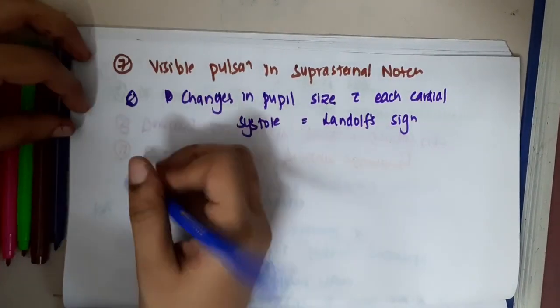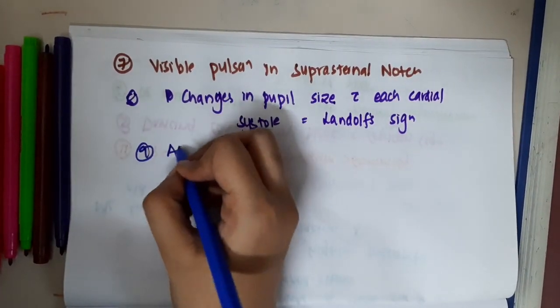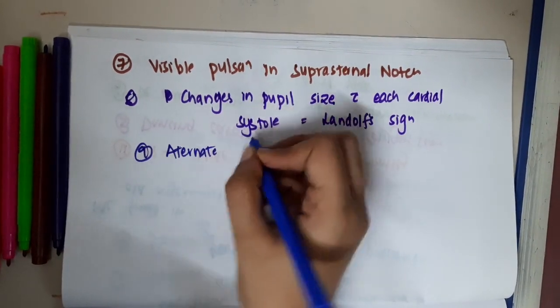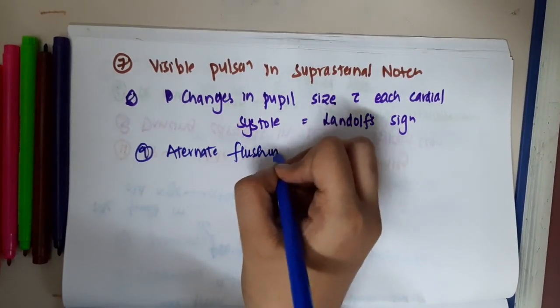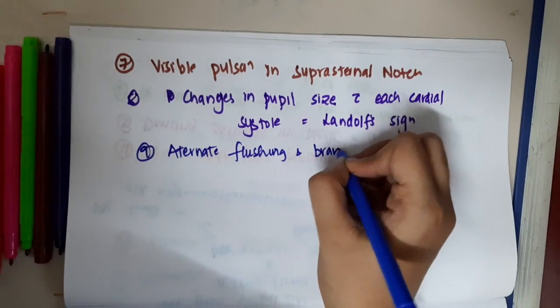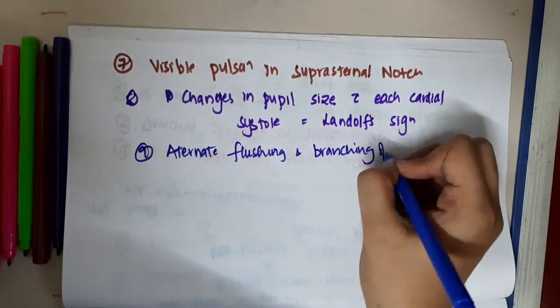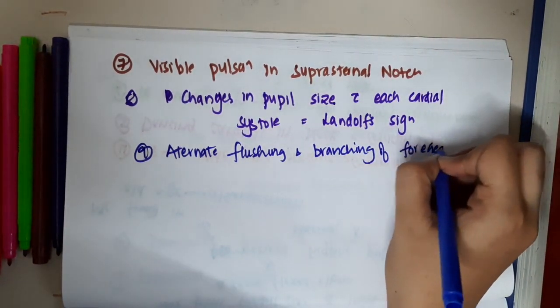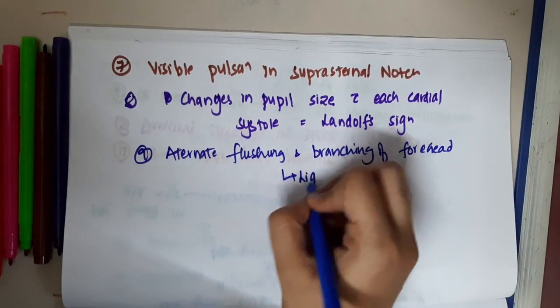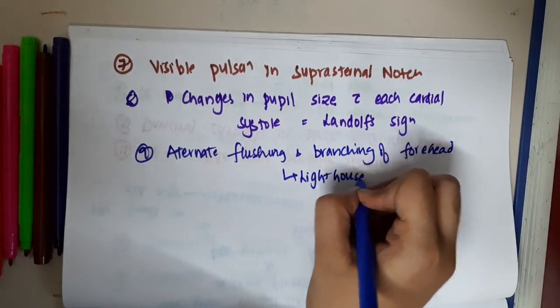Then we have 9th. The patient can have alternate flushing and blanching of the forehead. This is called lighthouse sign.